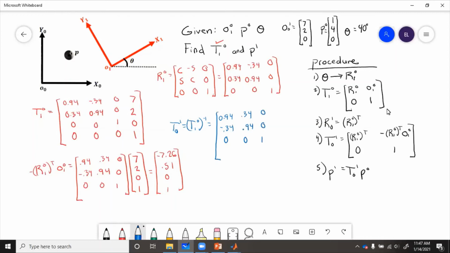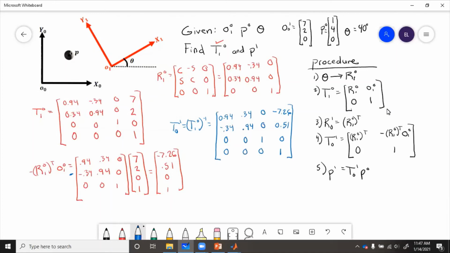So we got that part, then the zeros along the bottom, 0, 0, 0. Then this part, which would be negative that rotation times that origin, which is negative 7.26, 0.51, 0, and then finally 1. So we got the inverse transformation.